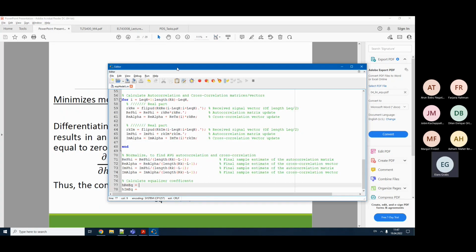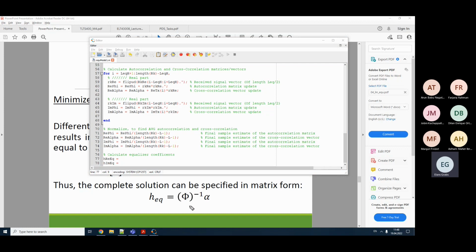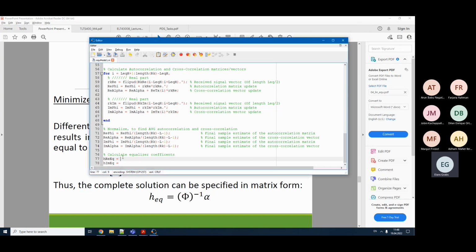Inverse of the matrix. Now, the good thing about the autocorrelation matrix is that it always has an inverse matrix. There is no case where it cannot exist. So we don't even worry whether there is or is no such matrix. That's not a concern for us here. So the inverse of real phi with real alpha.